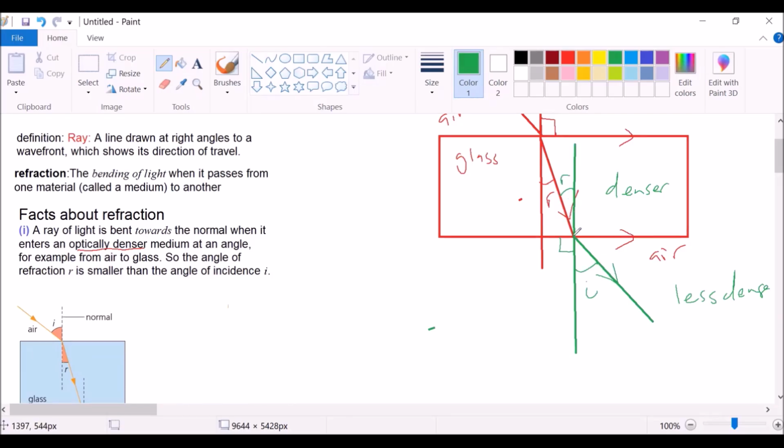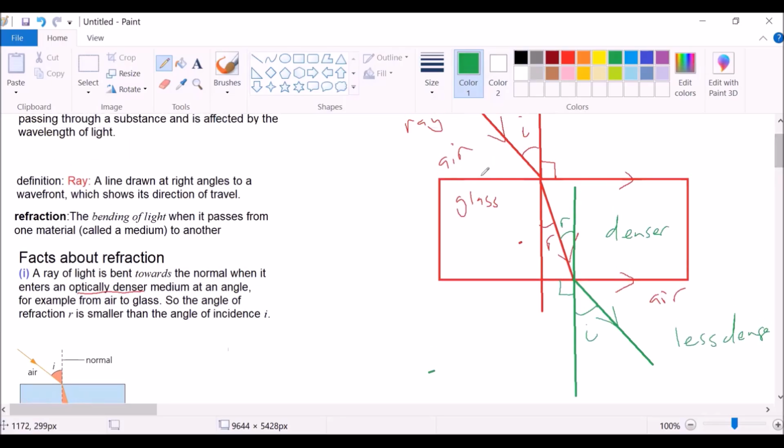This is incident at this point, but we are coming from a denser to a less dense medium, so we bend it away. So know the two scenarios. When we are coming from a less dense to a denser medium, the ray is bent towards the normal. When we are coming from a denser medium to a less dense medium, it is bent away from the normal.